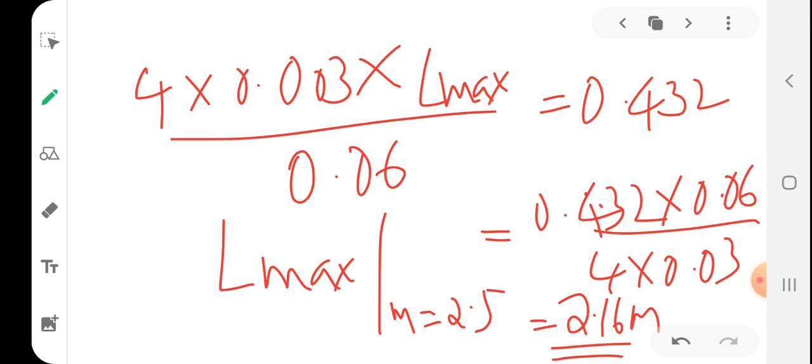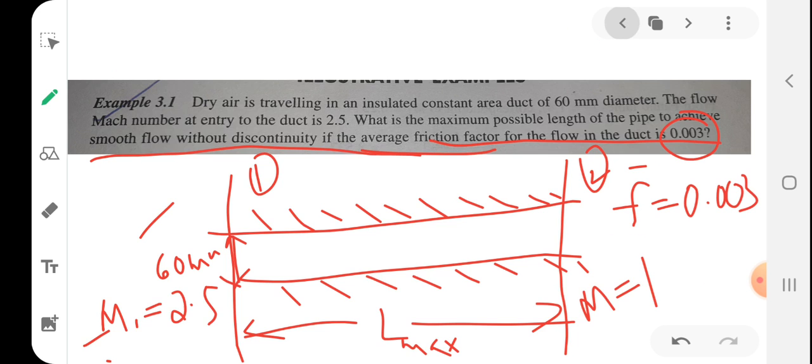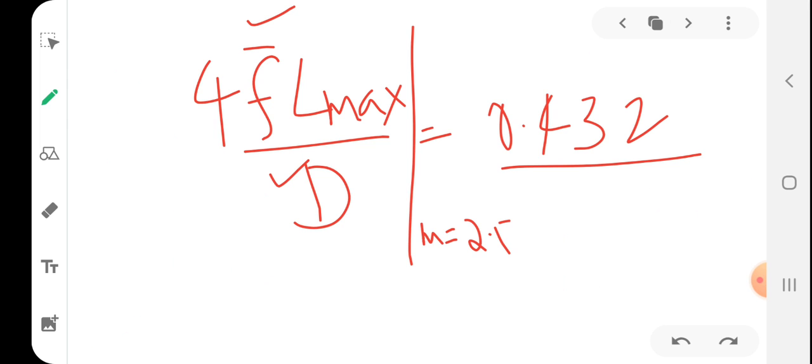So the maximum possible length for this particular situation will be 2.16 meter. So this is how to find the maximum possible length if the inlet Mach number is given.